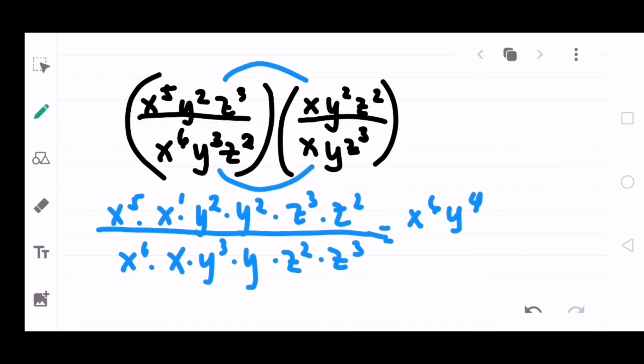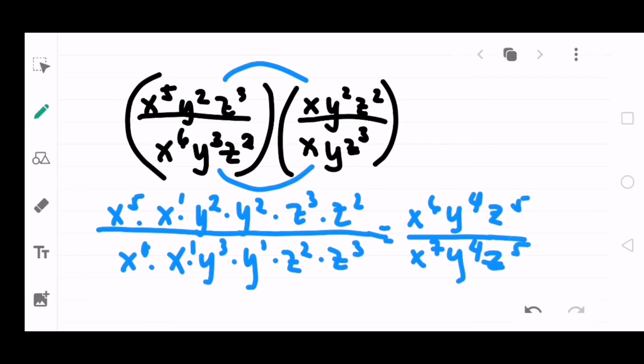While for c, we have 3 plus 2, that will give us 5. And for the denominator, we will have 6 plus 1, that will give us 7. Y cubed times y raised to 1 will give us y raised to 4. And for the last one, c raised to 2 times c raised to 3 will give us c raised to 5.